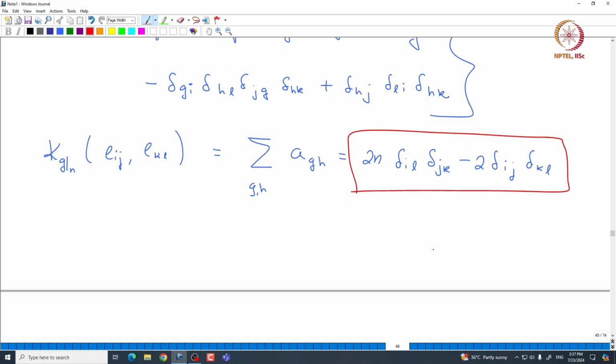Now if you think about it, what are these terms? This is basically some products of terms. This is actually the trace of EIJ, and this is the trace of EKL, because there is delta IJ, delta KL.